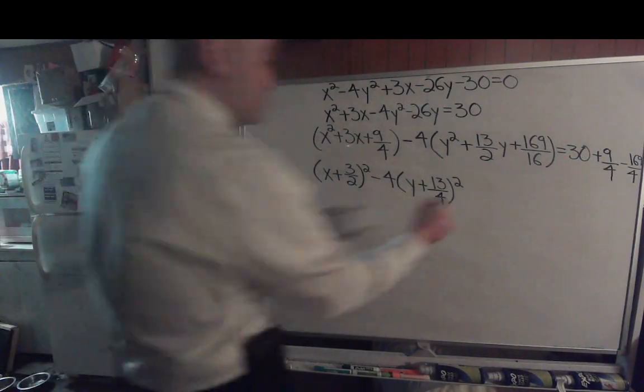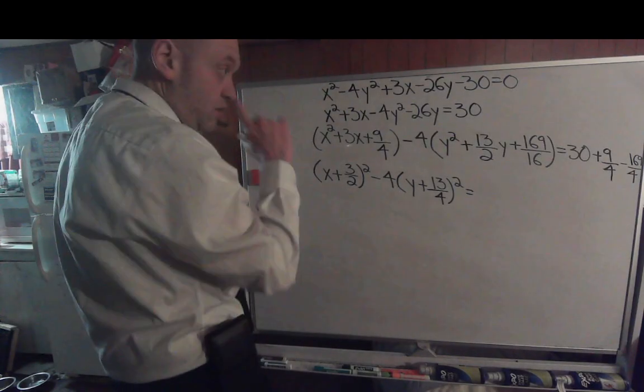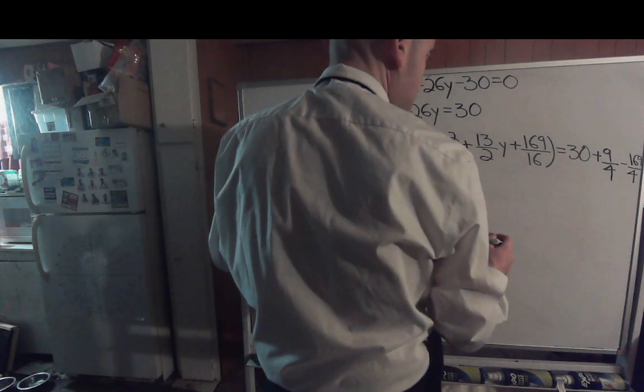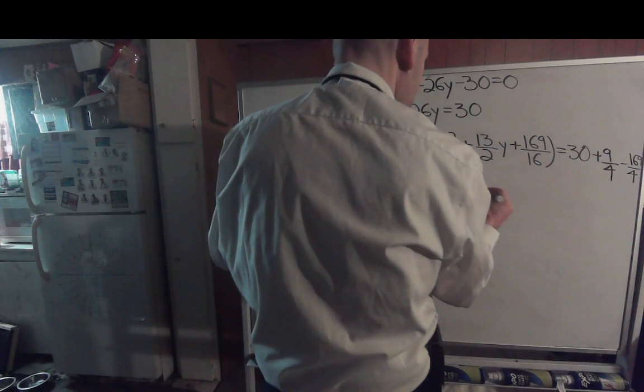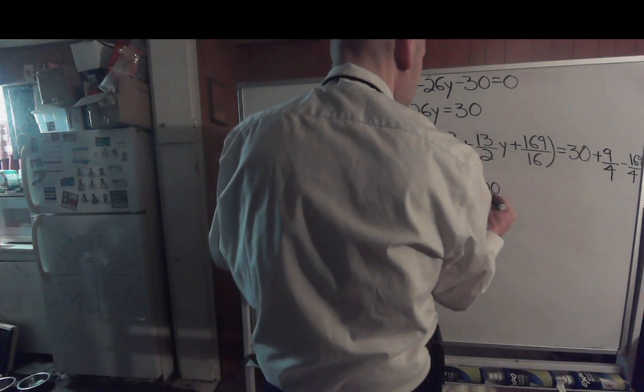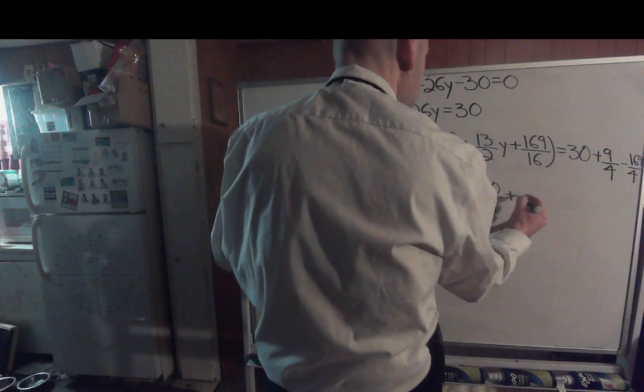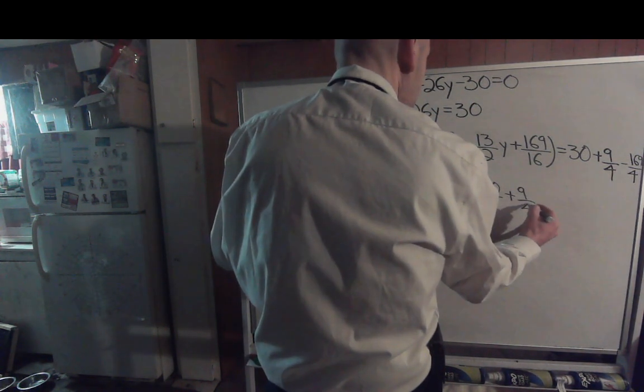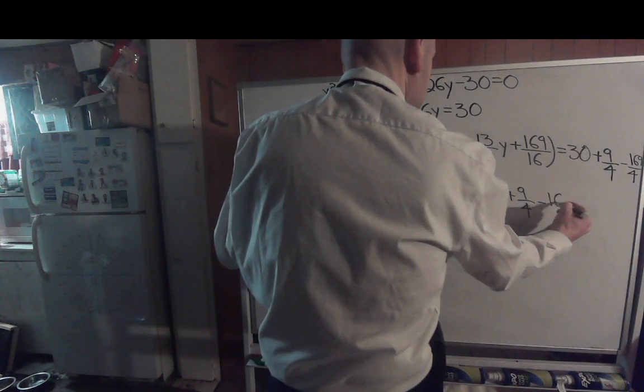All right, would equal the right-hand side. Well, 30 in terms of fourths is 120/4, so then this would be plus 9/4 minus 169/4.